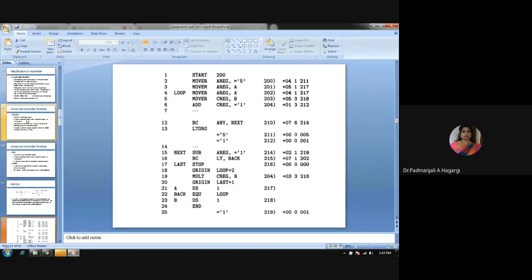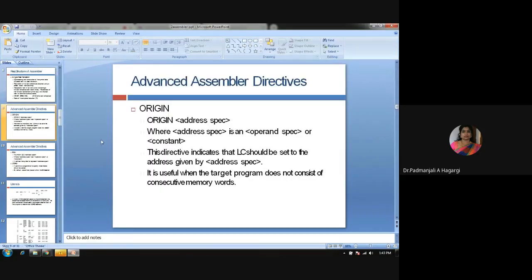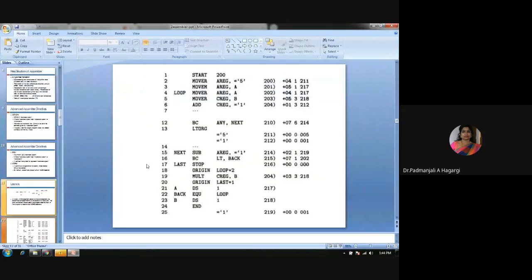So we need to know what I mean by the advanced assembler directives. Whenever you see ORIGIN, this is a directive, and it is useful when the target program does not consist of consecutive memory words. Now see here is the ORIGIN which is used here. This ORIGIN is using the same label with an increment of 2.